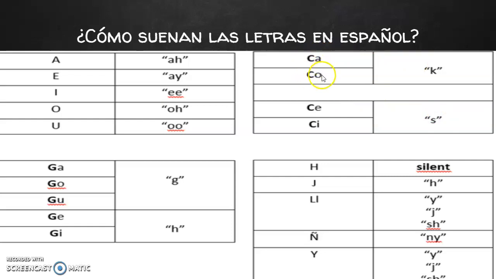Repitan ka, ko. We're going to try that again. Ka, ko. Wonderful. Now to differentiate, we see again the CE, CI. Repitan. Se, si. One more time. Se, si. Okay, and now we're going to go through and to hear the difference between the 2 different sounds that this letter can make.